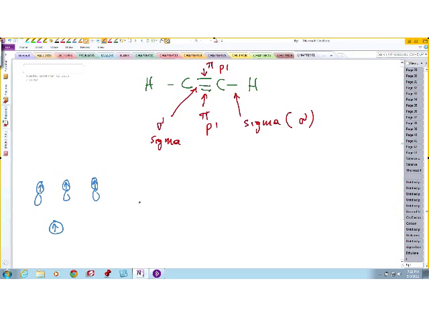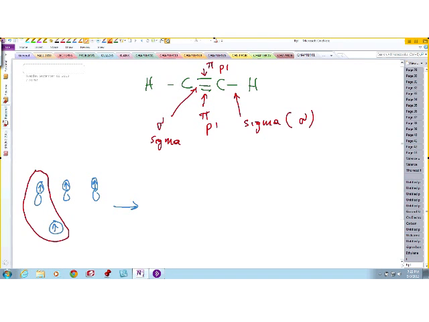So now what happens for the orbital mixing? You're only mixing two orbitals. Exactly. You only mix two orbitals. And what are those two orbitals? Exactly. We only mix the 2s and one of the p orbitals. Very good.